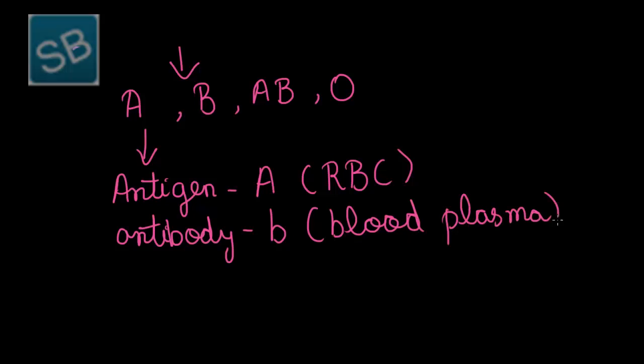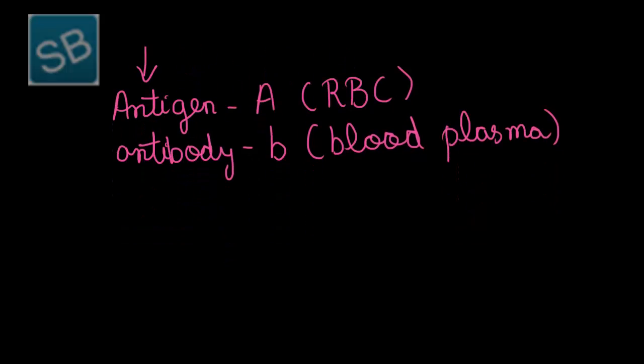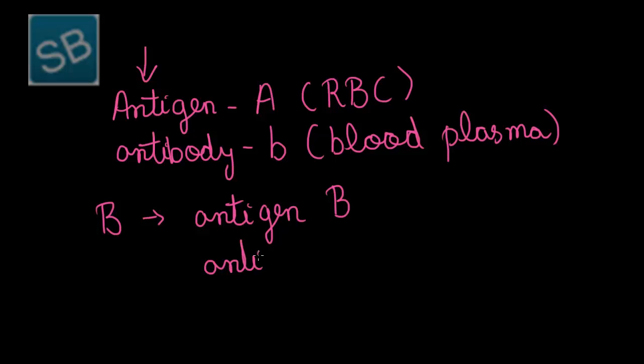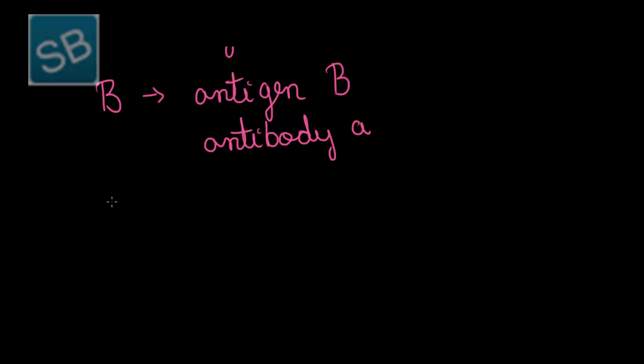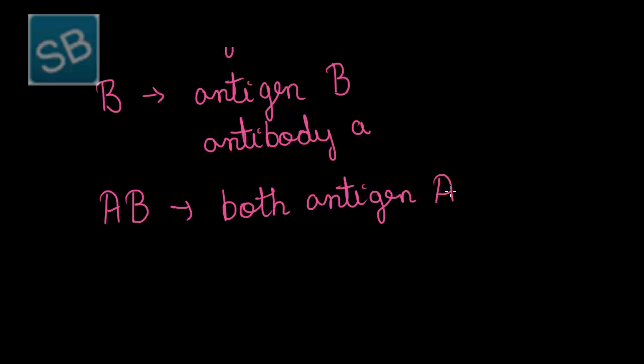Similar is the case of another blood group, that is B, in which the antigen present is B and the antibody is small a. Similarly, the blood group AB contains both antigens, antigen A and B, but lacks antibodies, that is, no antibodies occur within it.